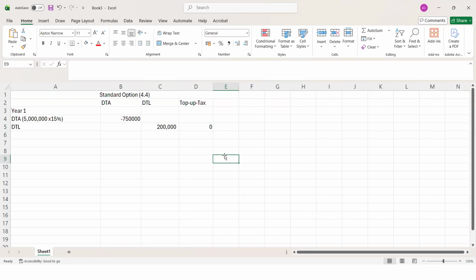Okay, so my first year, I have a deferred tax asset of 750, a DTL, and top up taxes. Okay, now let's go to year two.